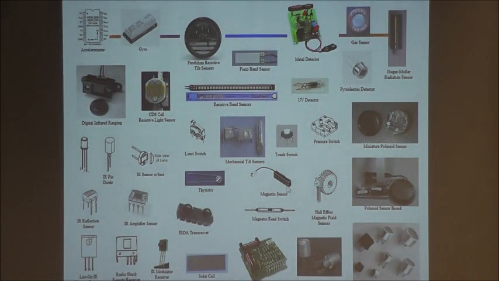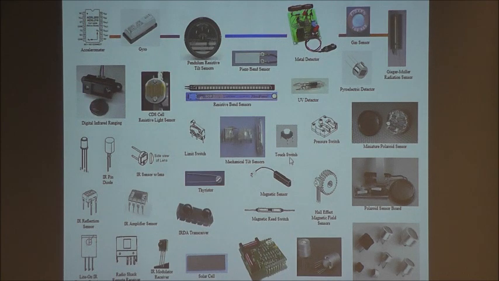So these are sensors in a nutshell being used on various different robots. You can see gyros, gas sensors, flexible or bend sensors.